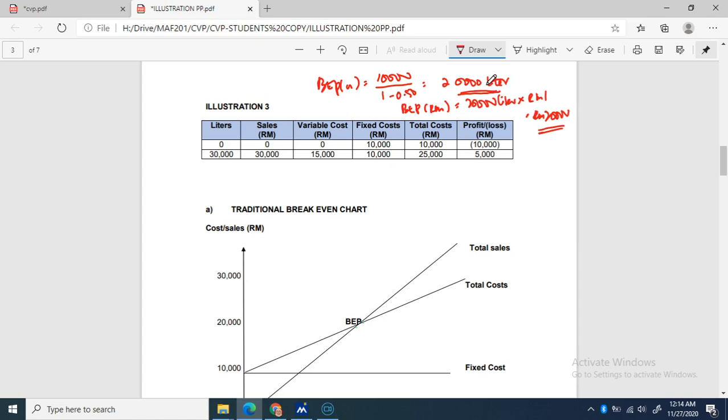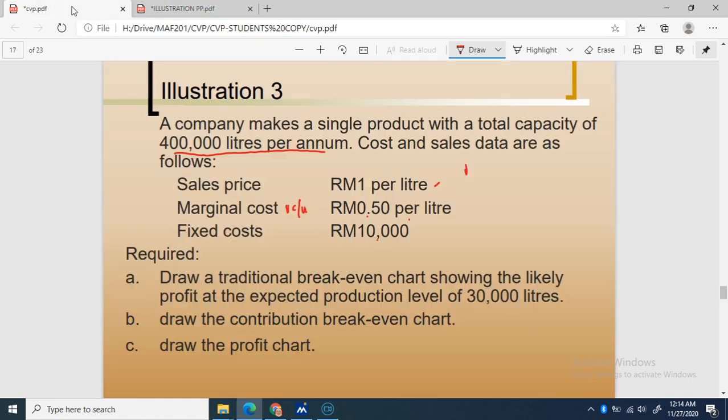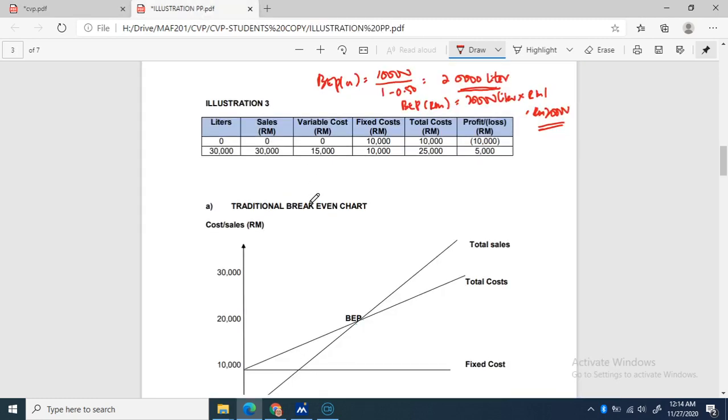Now how should we draw the graph? The graph to be drawn is number 1A, the traditional break-even chart, and likely profit at expected production of 30,000. So now if your sales unit is 30,000 liters, refer to the graph.